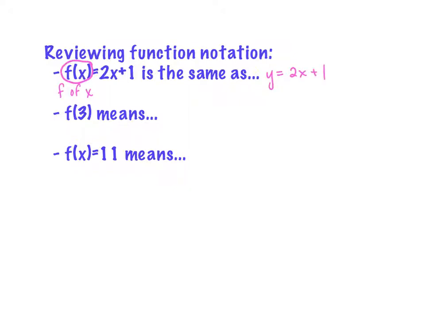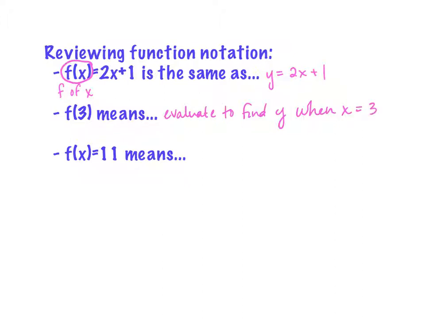One of the ways that can be helpful is with something like f of 3, instead of having to write evaluate to find y when x equals 3. F of 3 is quite a bit more efficient.